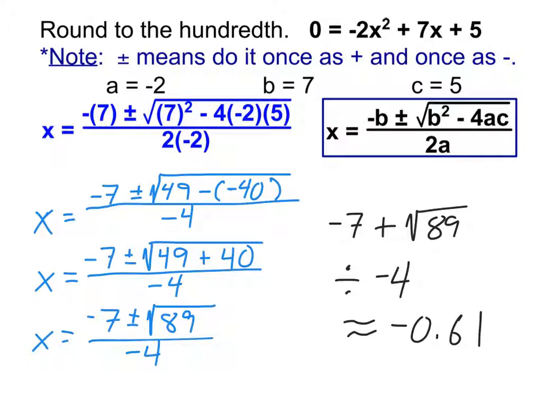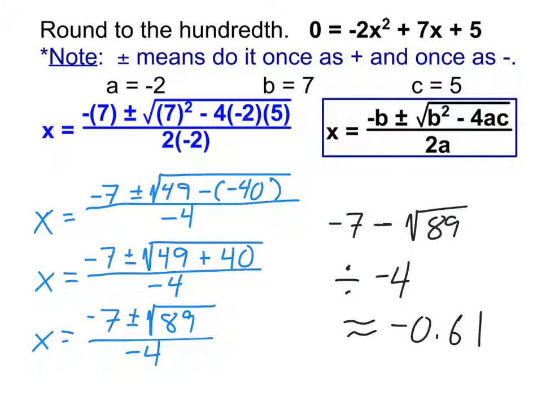It goes on forever. Now notice, I did this first one with a plus there. Well, this plus or minus in our formula means you've got to do the calculation once with a plus, and you have to do it once with a minus. So now, I go and I redo the exact same thing, except this time I'm going to do negative 7 minus the square root of 89, get that number, and then divide that by negative 4.